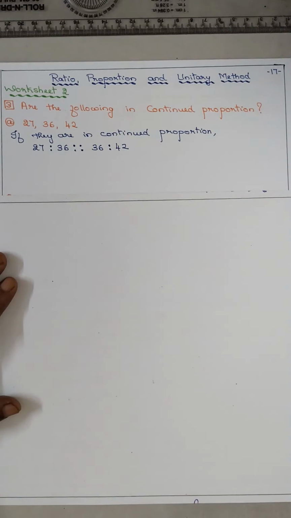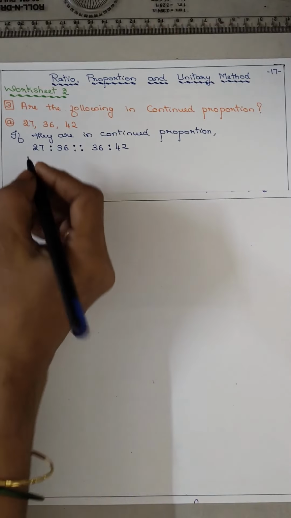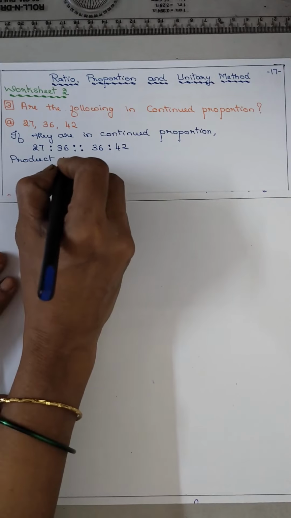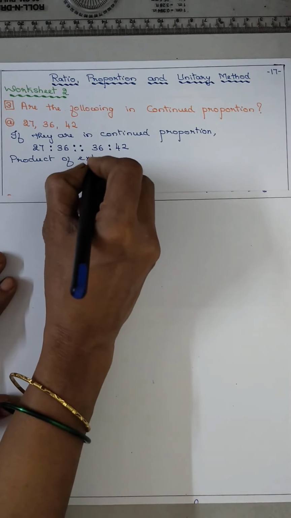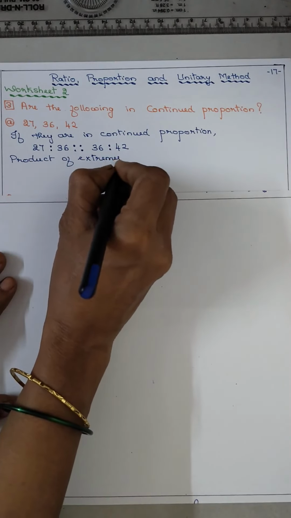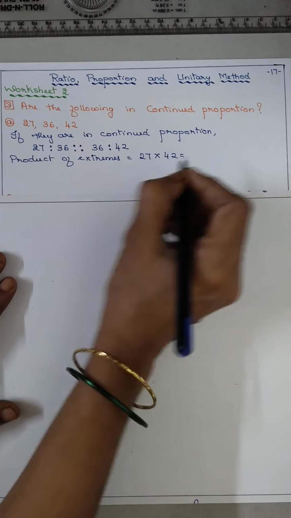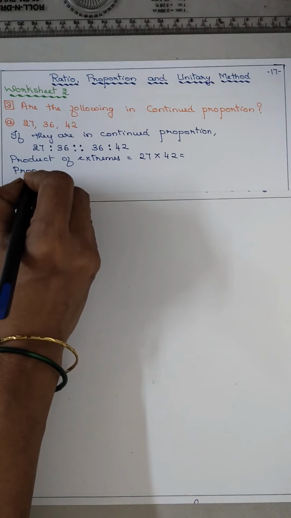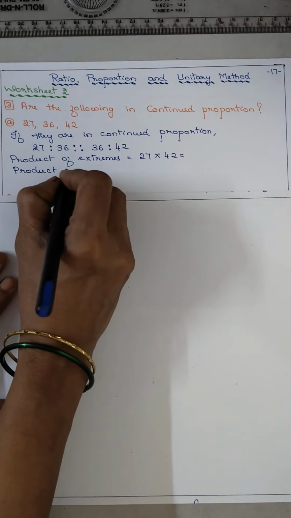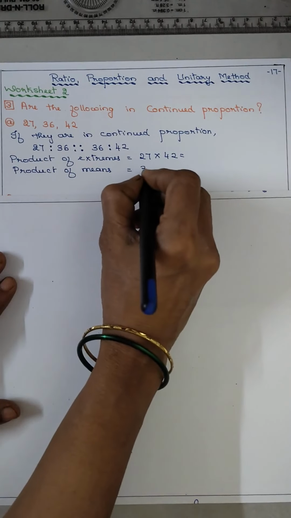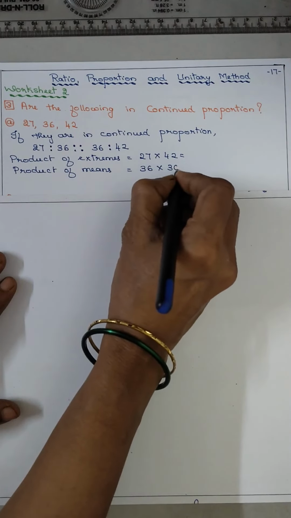Means second number is repeated. Now we will write product of extremes, that is first and the last, 27 into 42, product of means, that is 36 into 36.